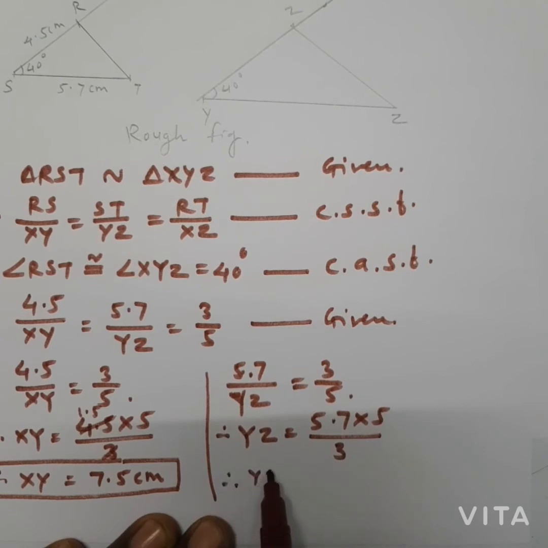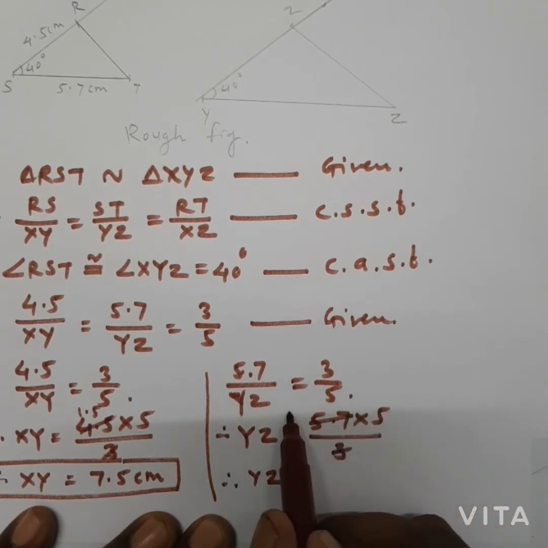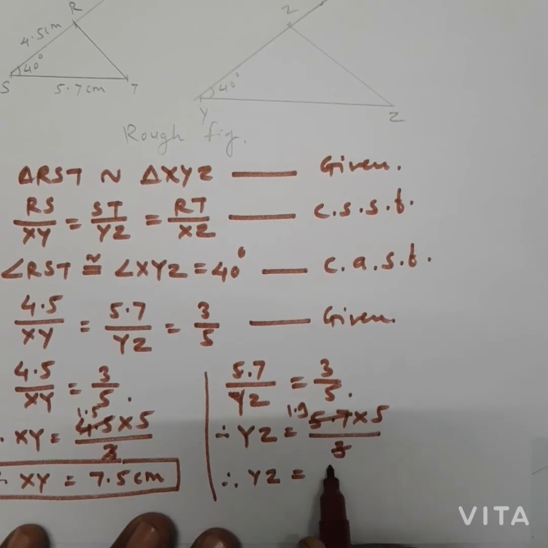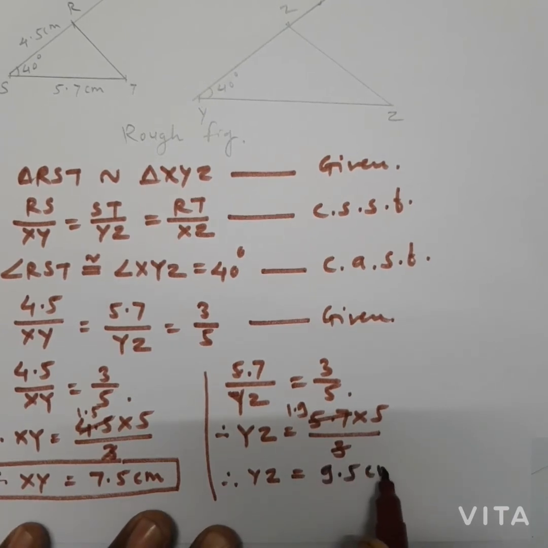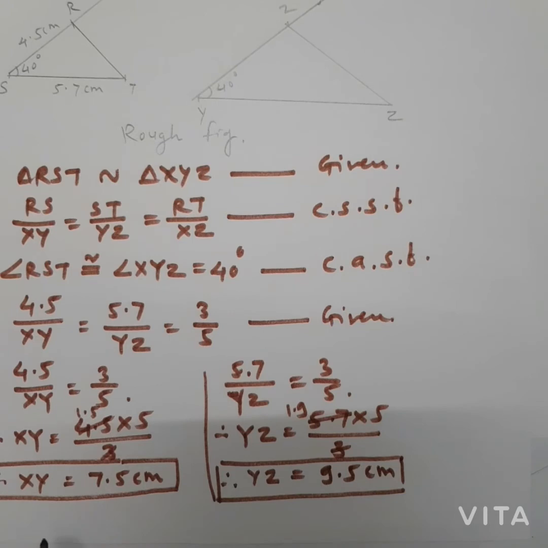Here, the division of 5.7 upon 3 is 1.9. Therefore, YZ is equal to 9.5 centimeter. In this way, for triangle XYZ also we have two sides XY and YZ, and the angle between them, that is angle XYZ, 40 degree. Now we will draw the figures.